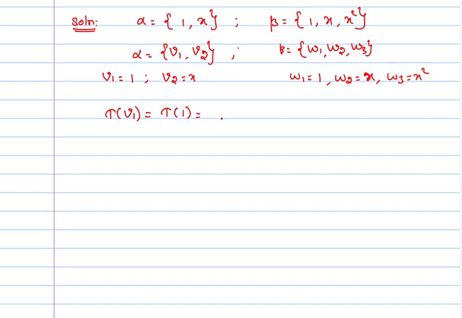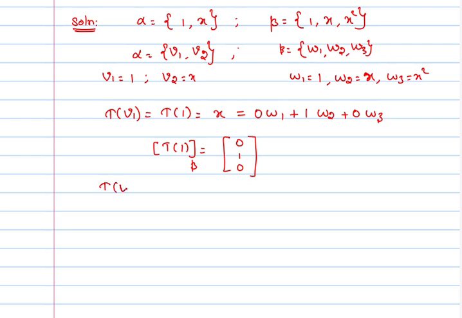The given polynomial is multiplied by X, so I will get X. How can you represent X in terms of W1, W2, W3? 0 times W1 plus 1 times W2 plus 0 times W3. So the coordinate vector of T(1) with respect to beta is 0, 1, 0.